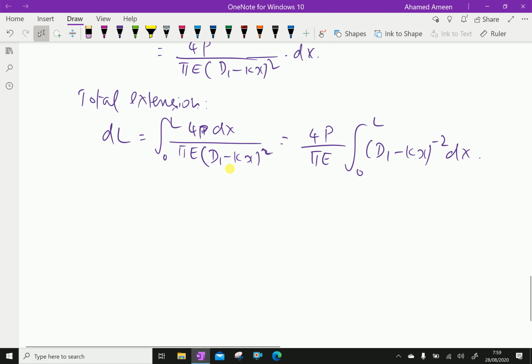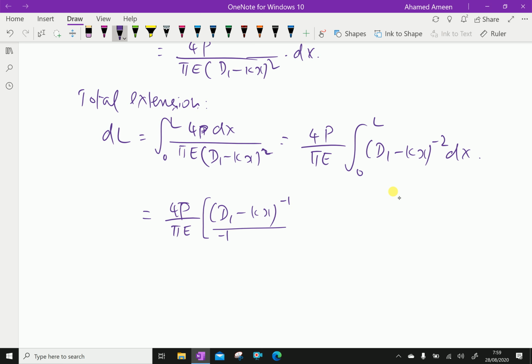Now we have to integrate this with respect to x. That is 4P over pi E, the integration of that is (D1 minus kx) power minus 2 plus 1, which is minus 1, over minus 1, into the differentiation of minus kx, which is minus k, from 0 to L.